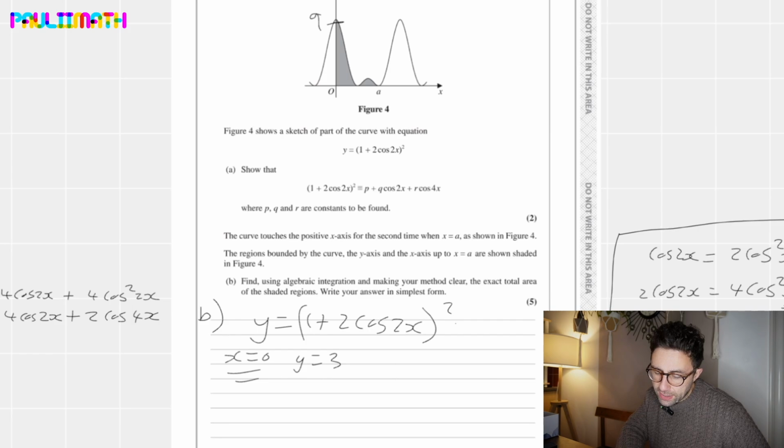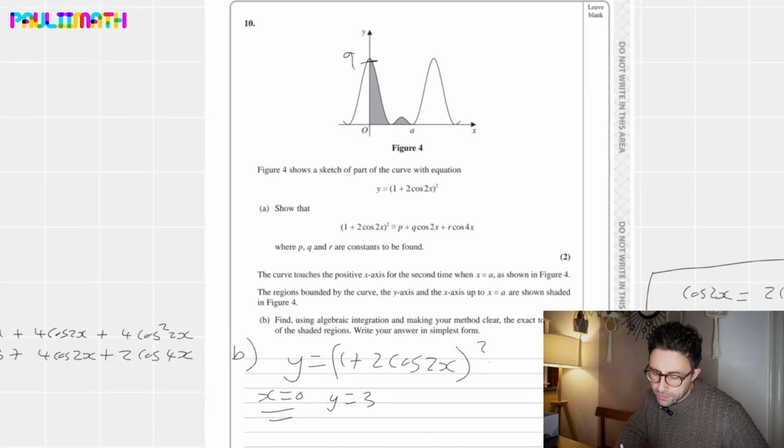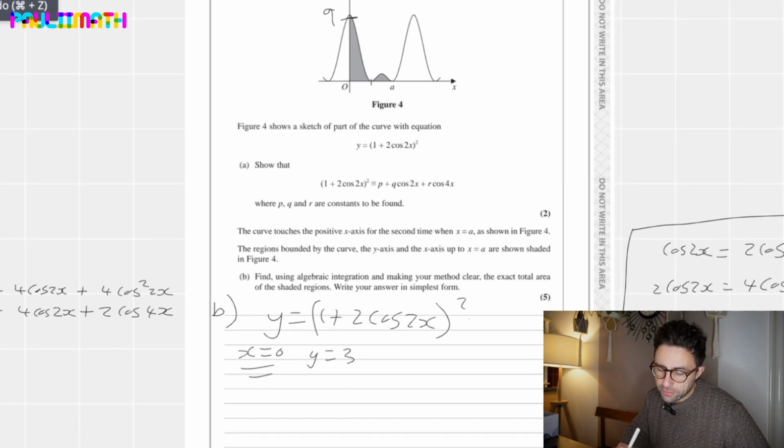Yeah, and so next you're going to have a place where it cuts 0. So when that thing equals 0, I think that's the important thing, isn't it?